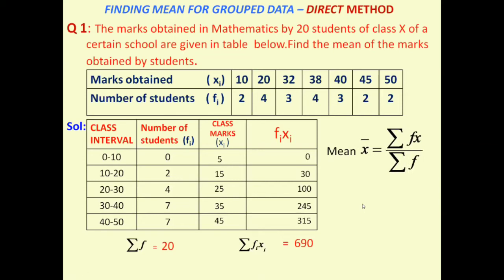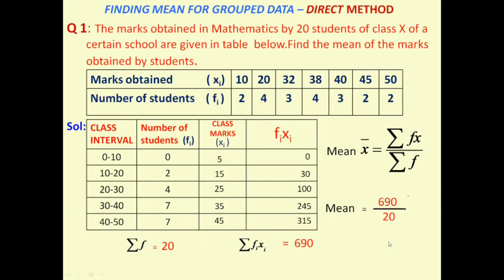Mean, which we say as x bar, is equal to sigma fx by sigma f. In place of sigma fx, we copy the value 690. And in sigma f, we write 20.